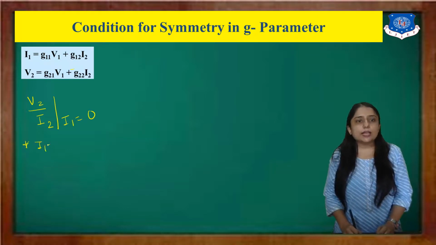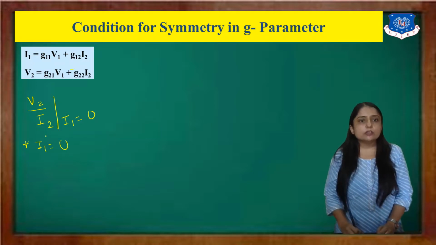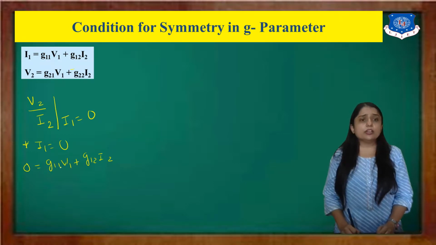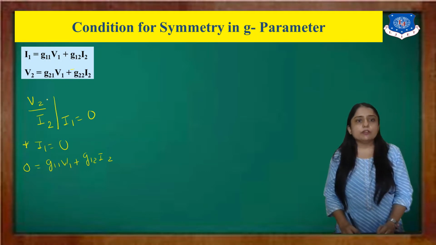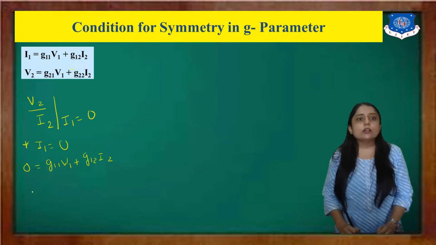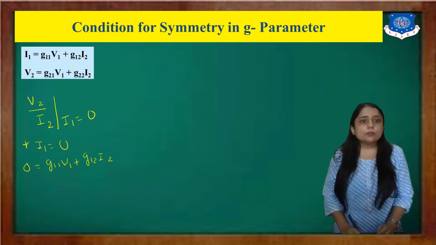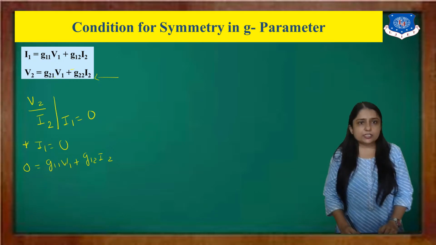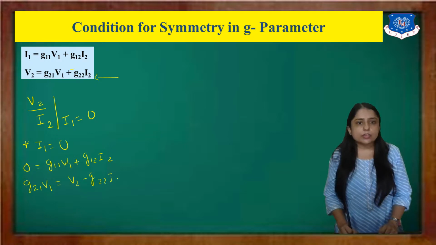So let's consider I1 equal to 0 in this equation: 0 equals G11 into V1 plus G12 into I2. So we will not get the ratio from this equation. So what will we do? We will substitute the value of V1 from the other equation. This equation becomes G21 into V1 equals V2 minus G22 into I2.